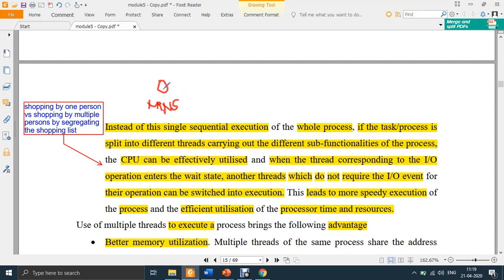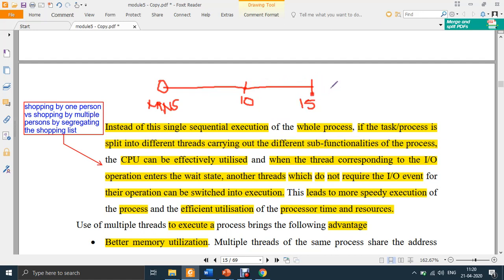What is his job? First, procure some milk. From your house, it will take 10 minutes to go to a shop and procure milk.